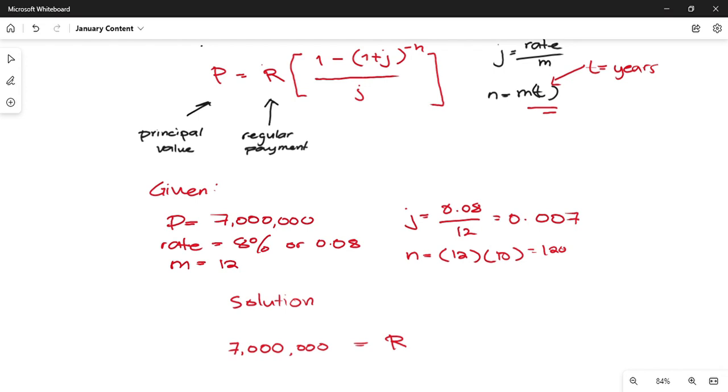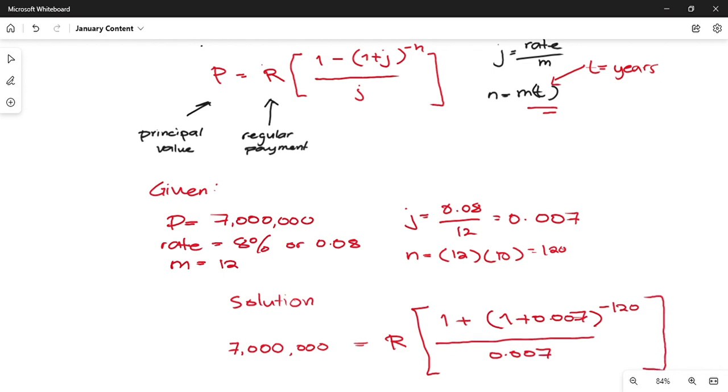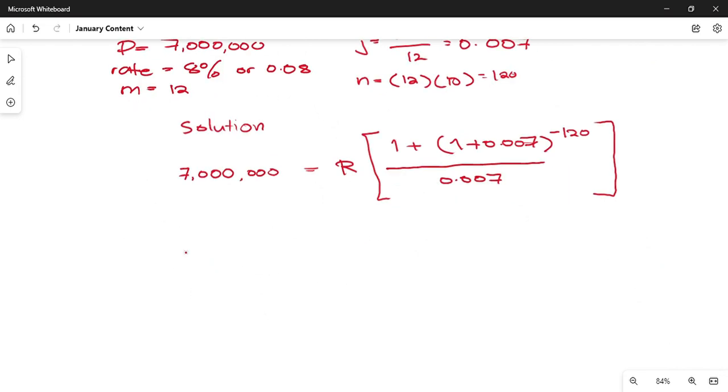R is the regular payment or the monthly amortization. 1 minus the quantity 1 plus J, 0.007, to the negative 120, divided by J, 0.007, and that's it. So we have 7 million equal to R, and this quantity here is equal to 1, 0.007.